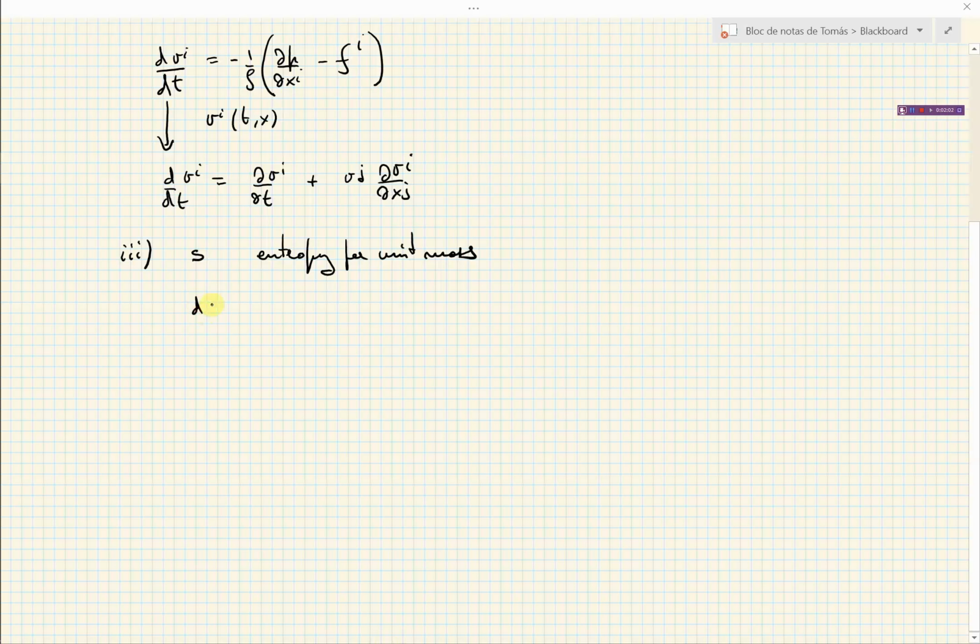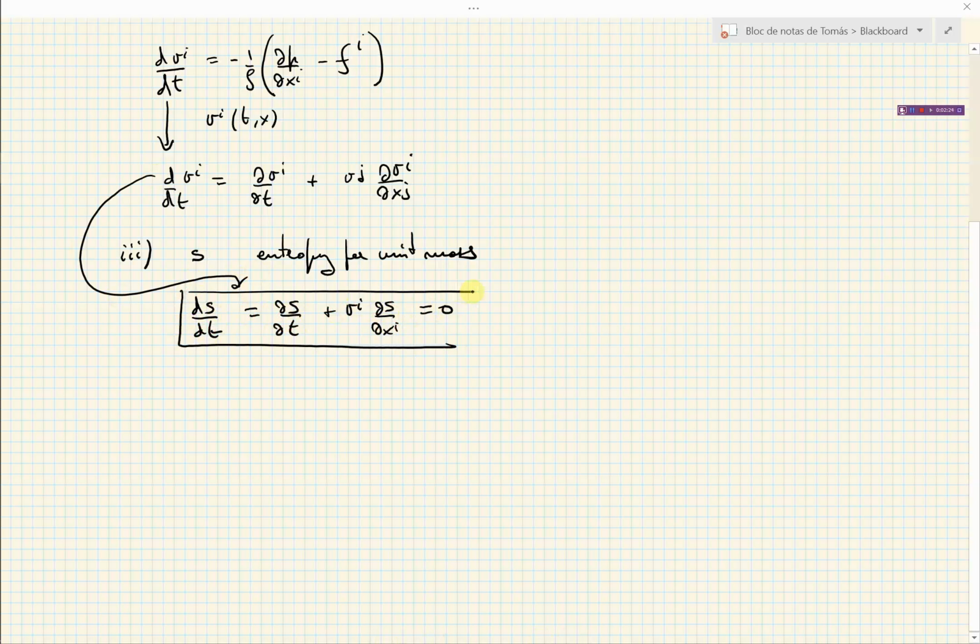So ds/dt, by using this formula here, is vi partial s partial xi equal to 0, although we will not use this equation much. You can say that this is an expression of the second law of thermodynamics in this context.